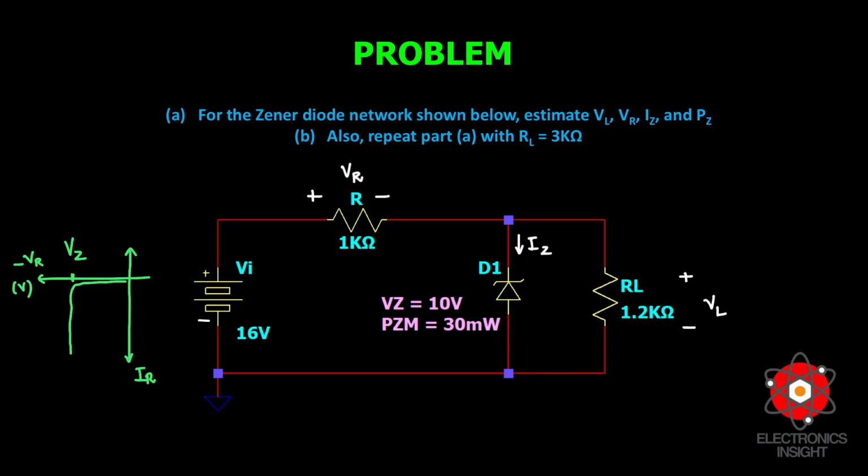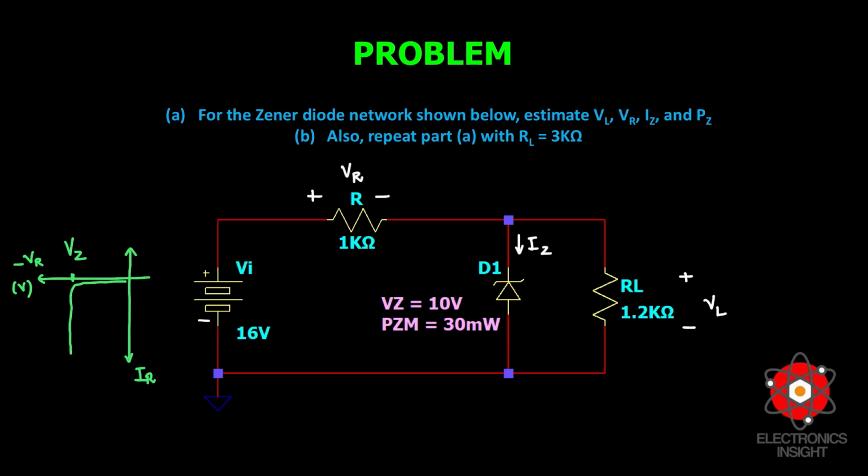3 kilo ohms. If we further look into this Zener diode network, we can see that this is a simple Zener diode regulator which maintains 10 volts, and the applied DC voltage is also fixed and the load resistor is also fixed. We need to understand this from this circuit, because in the next video I'll show some problems that are related to fixed VI with variable RL, and fixed RL with variable VI.